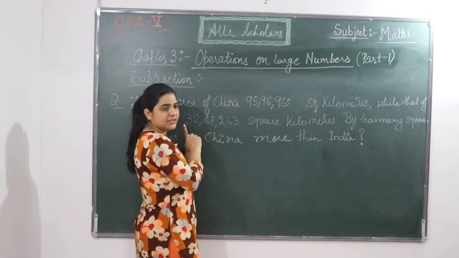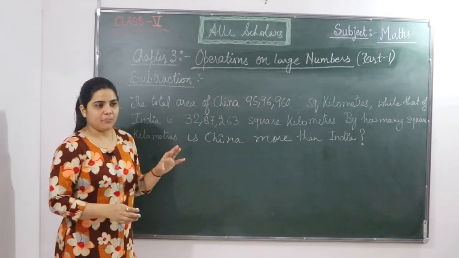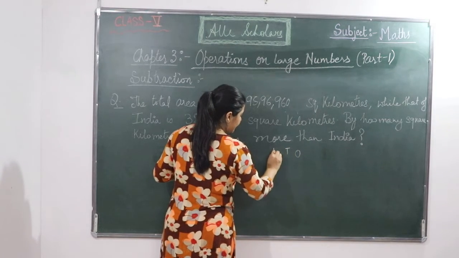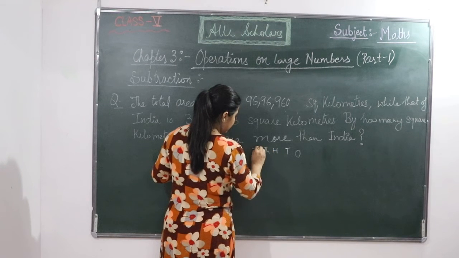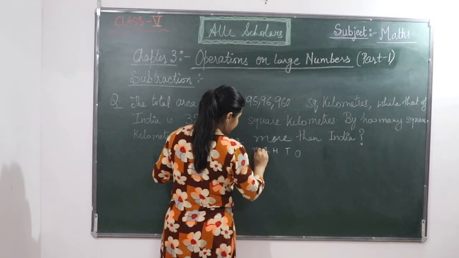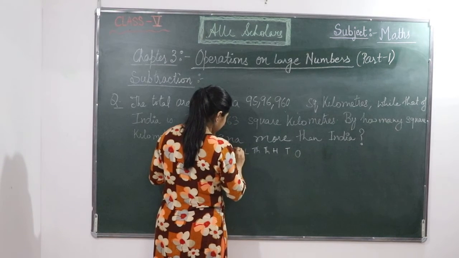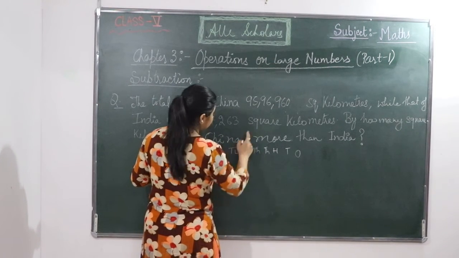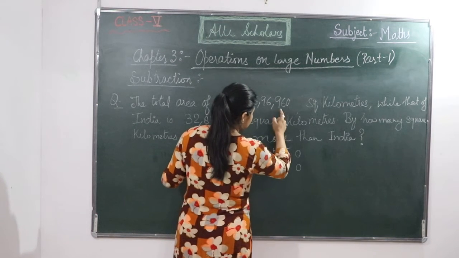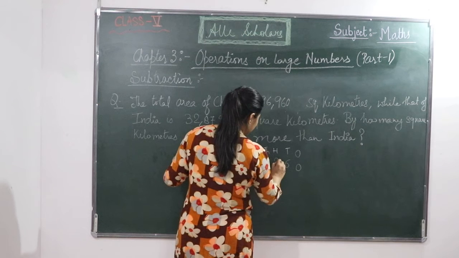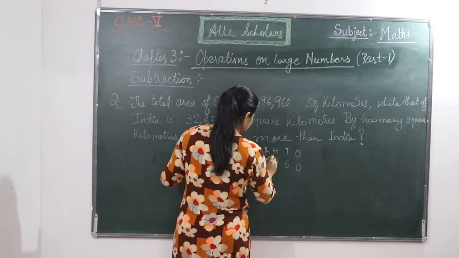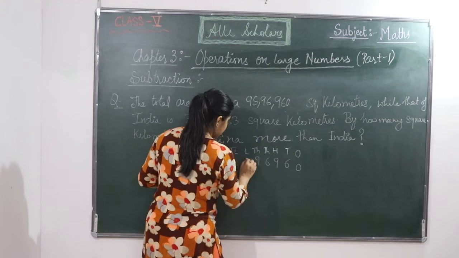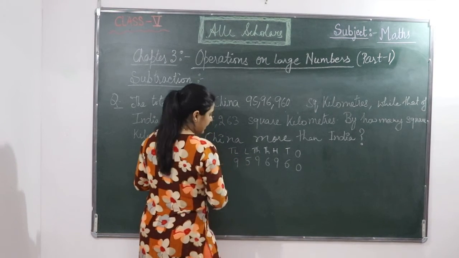Similarly, as we did in addition, we will follow the same pattern: ones, tens, hundreds, thousands, ten thousands, lakh and ten lakh. So first we write for China. 0 at ones, 6 goes at tens, 9 goes at hundreds, 6 goes at thousands, 9 goes at ten thousands, 5 goes at lakh, and 9 goes at ten lakh.